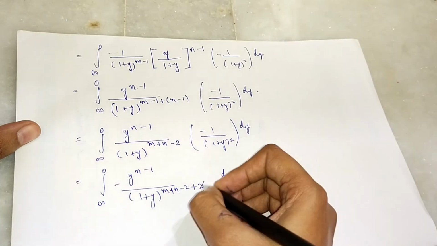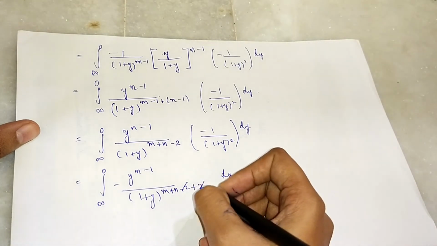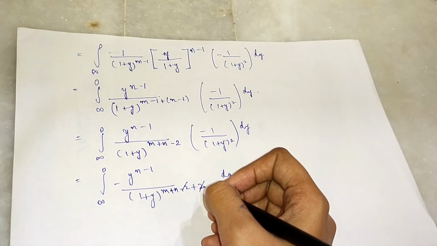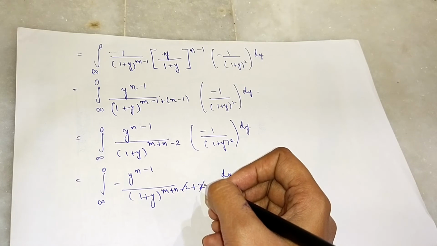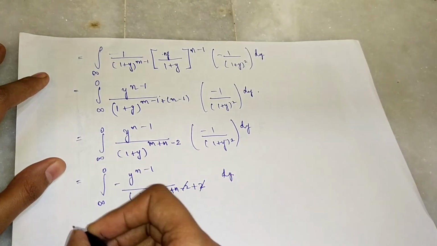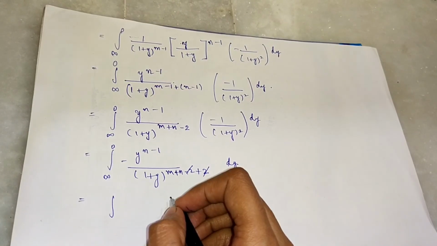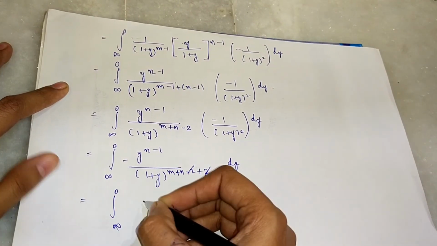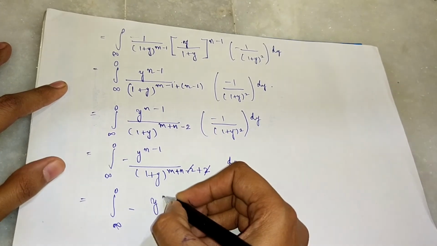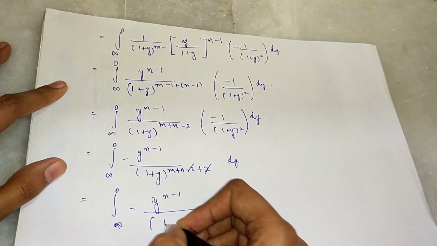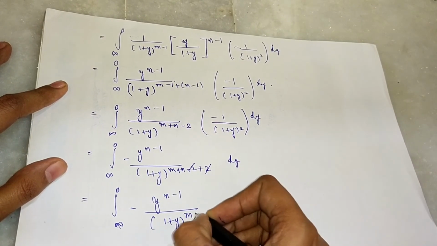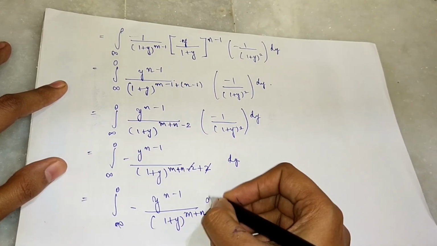Now this minus 2 and this plus 2 will get cancelled. Okay, so we can write infinity to 0 of minus y raised to n minus 1 upon 1 plus y raised to m plus n dy.